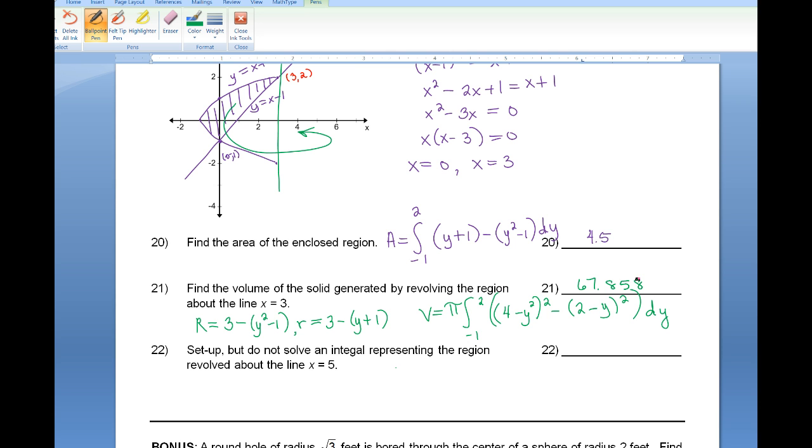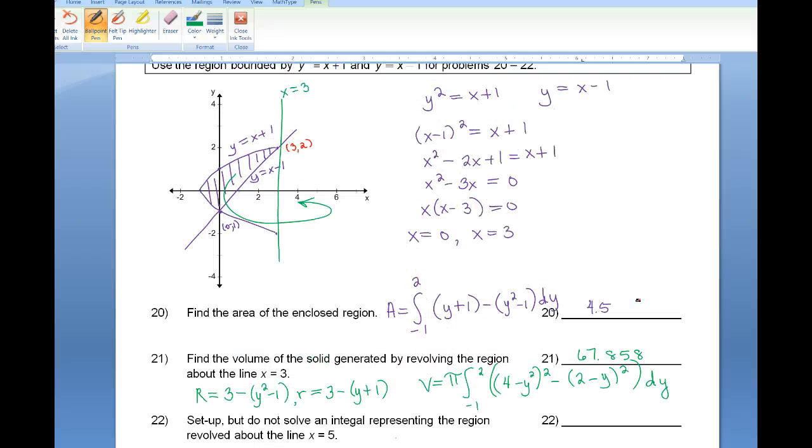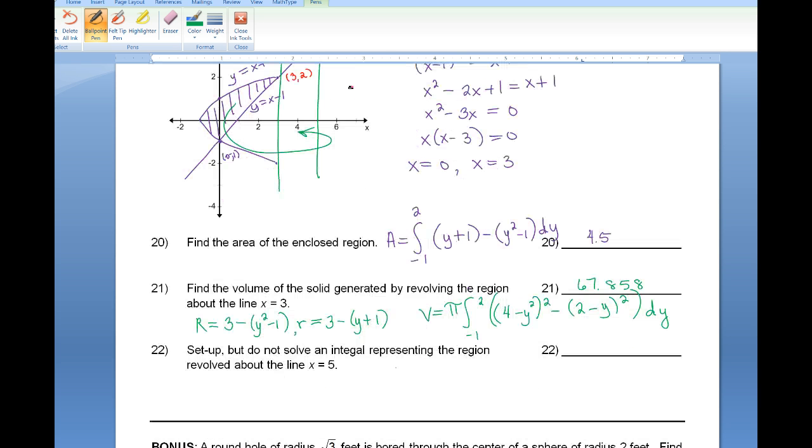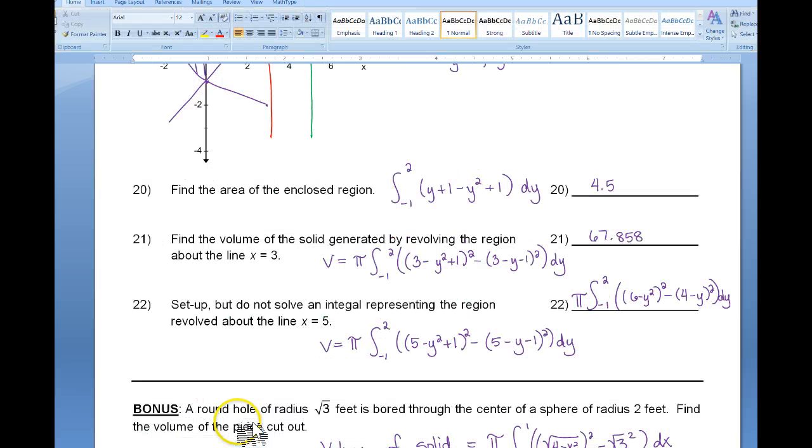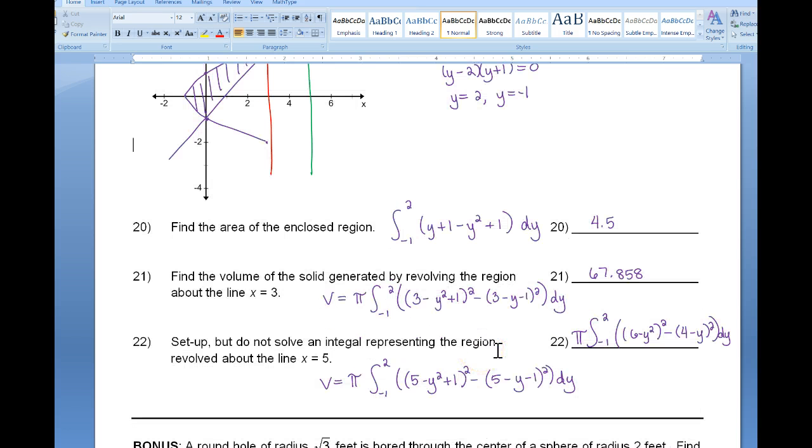Okay. And number 22, set up but do not solve an integral representing the region revolved about the line x equals 5. So x equals 5 just means I'm going to move that region over. It's going to be set up very much the same as the rotation about the line x equals 3. It's just instead of 3 minus the curve, it's going to be 5 minus the curve. So I'm just going to show you here where I have it already set up.